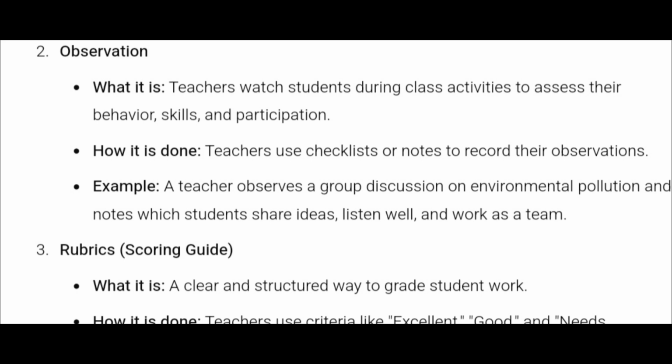All right, we will use a checklist or notes, or we can note down or record whatever we are observing, whether the child is abusive, whether the child is proud, whether the child is a slow learner, a depressed child, or a mentally challenged child, or a physically challenged child. So whatever the situation or the status of the child is, that can be noted down.